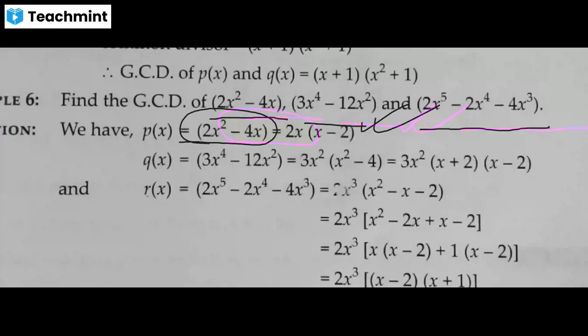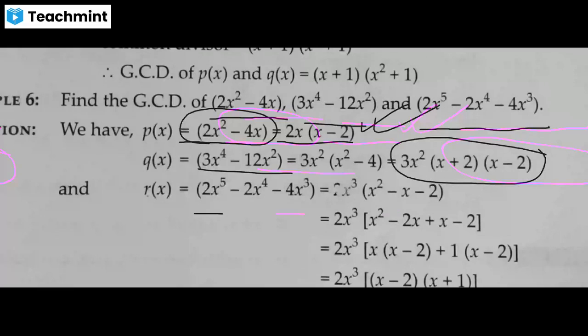So in this, the first polynomial 2x square minus 4x, after factorization, is in the product form 2x into x minus 2. The second polynomial 3x to the power 4 minus 12x square, after factorization is written here 3x square into x plus 2 into x minus 2.